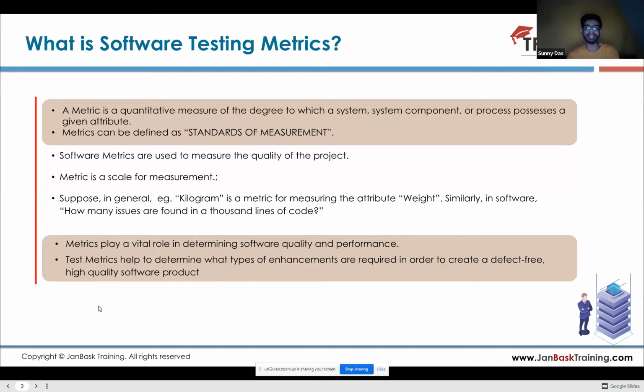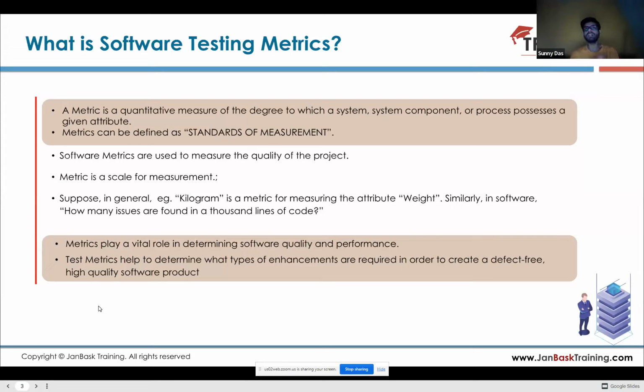It's not mandatory that the issue was from the testing side, right? It might happen that whatever was the requirement from the client side, that was not communicated well.